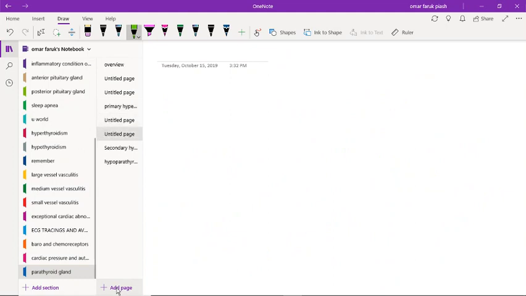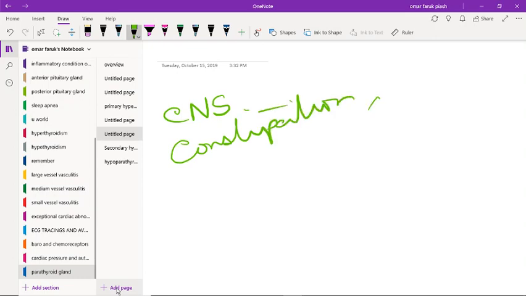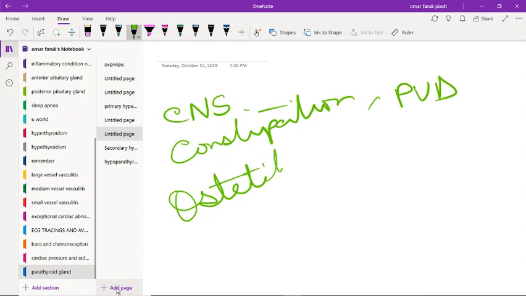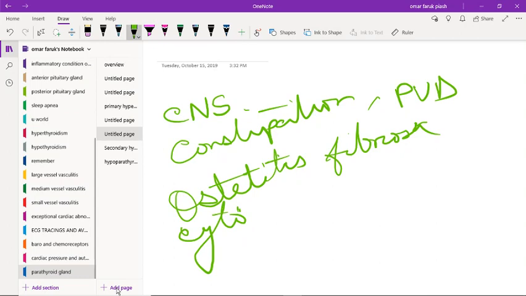There are other features too, like CNS disturbance, constipation, peptic ulcer disease, and acute pancreatitis.